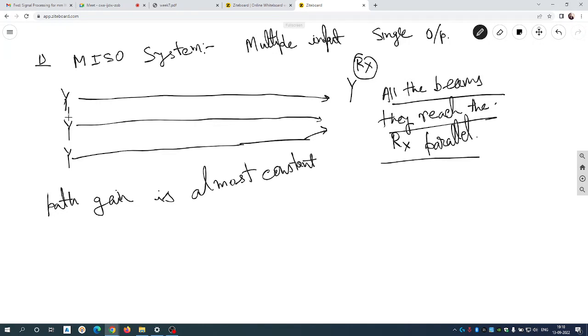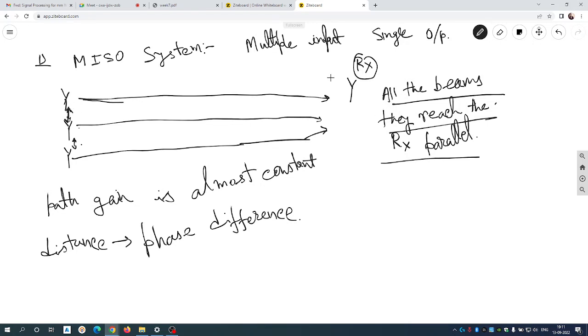However, there is a distance between each of the antennas. So this distance will be converted into the phase difference. Why? Because if it is the first path, it is nearest to the receiver antenna and it has a small difference of d.